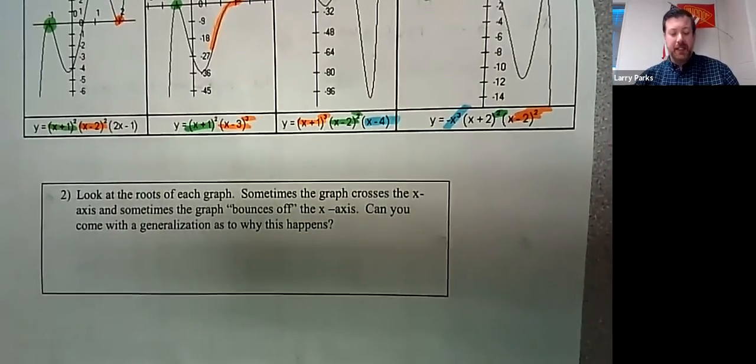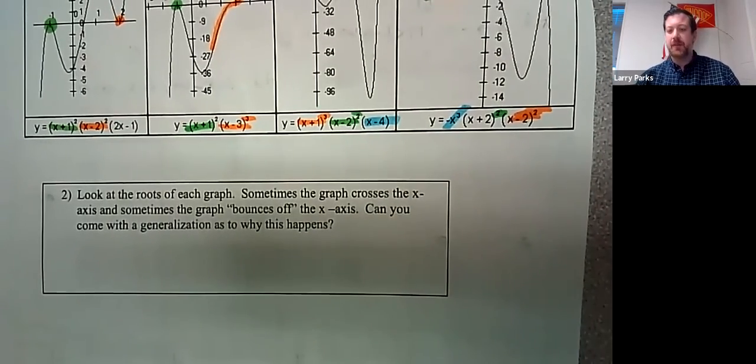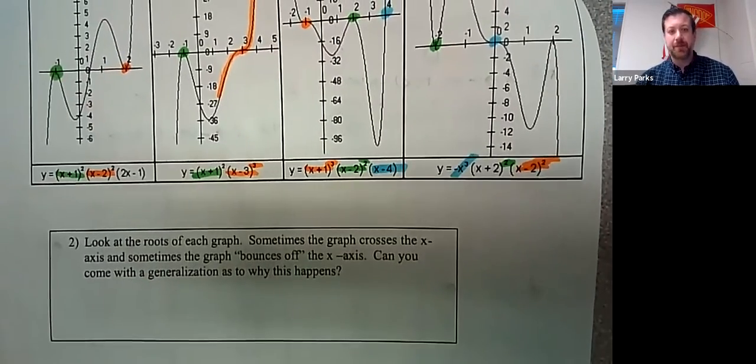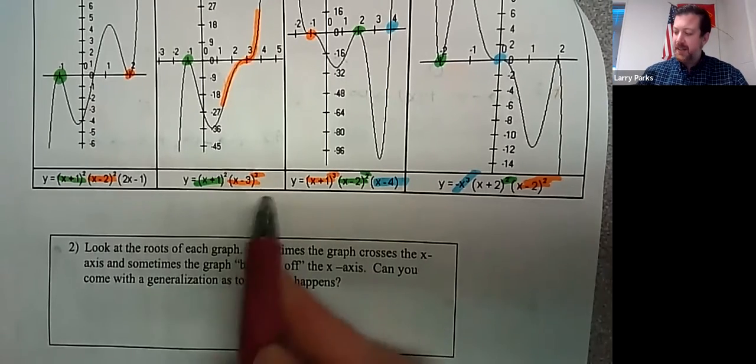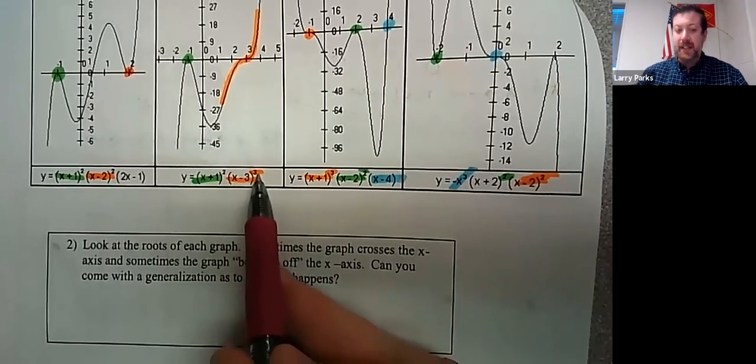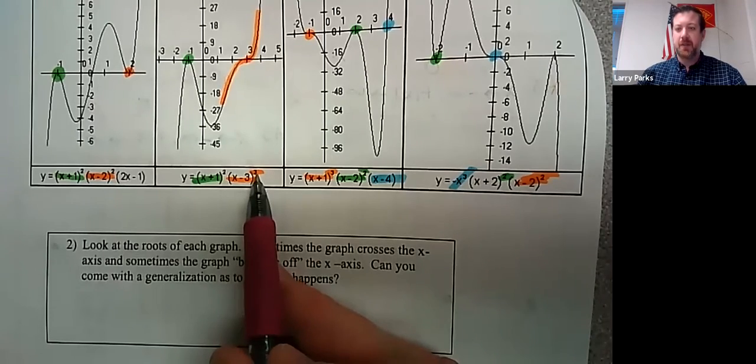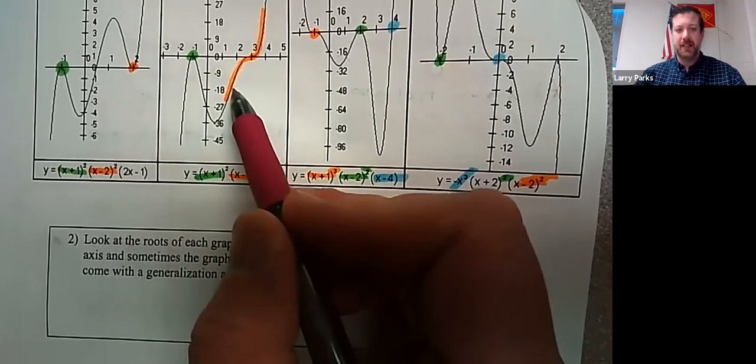Okay, so looking at the roots of the graph, and that's what we call solutions. Sometimes the graph crosses the x-axis, sometimes it bounces off. Can you come up with the generalization? And again, for time, I'm not going to write, but we just said that if it has an odd multiplicity, it does a squiggle.